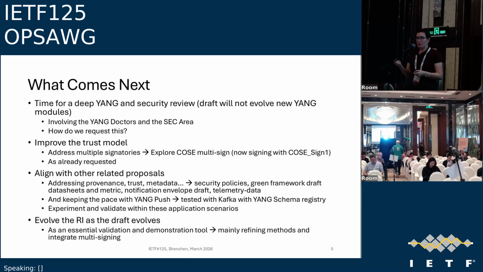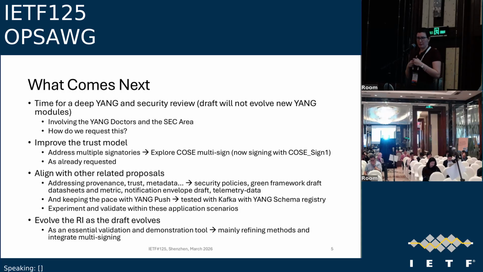For example, in a draft of security policies that my colleague is working on, we are adding the provenance signature as an optional leaf. Also, there have been some talks in the GRAIN framework drafts about the datasets that they need and the metrics.